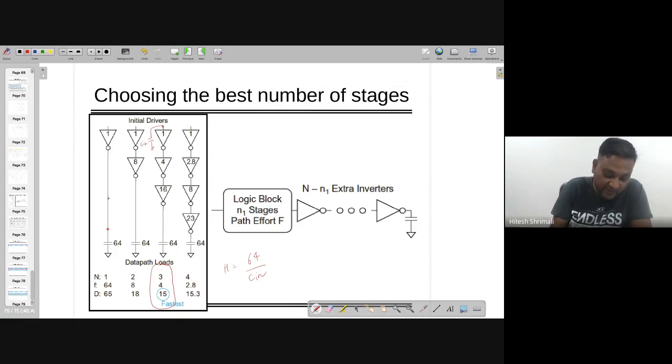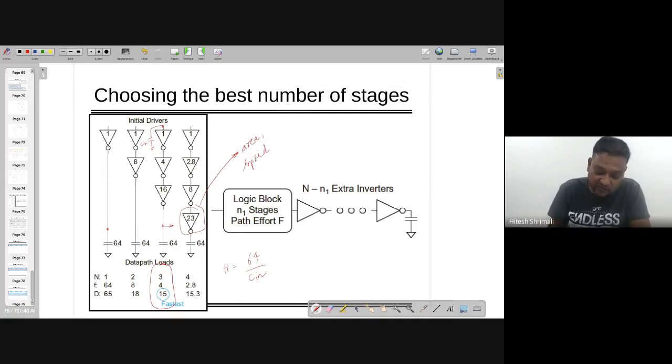The first stage is not capable enough, the second stage is not capable enough, the third stage is capable enough. The fourth stage, if I'm adding one more inverter with the ratio of 23, can also work, but the only thing is this will take more area, and you have to take care of speed.